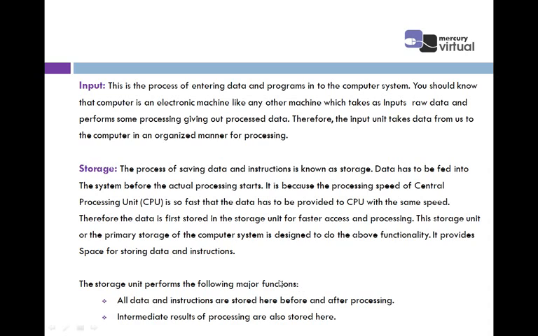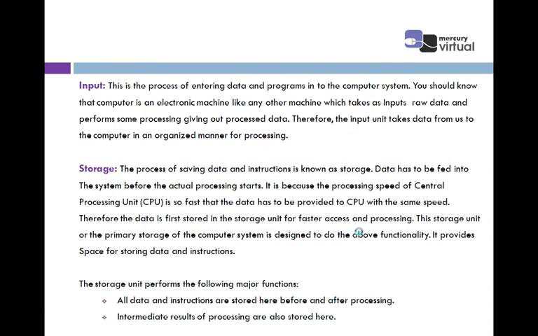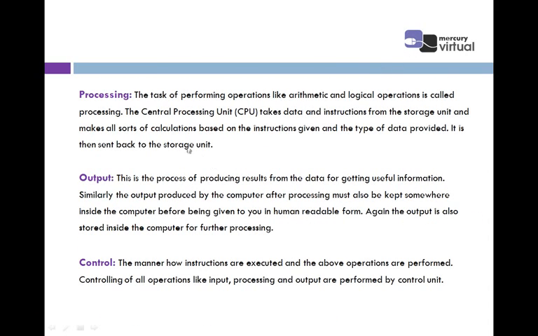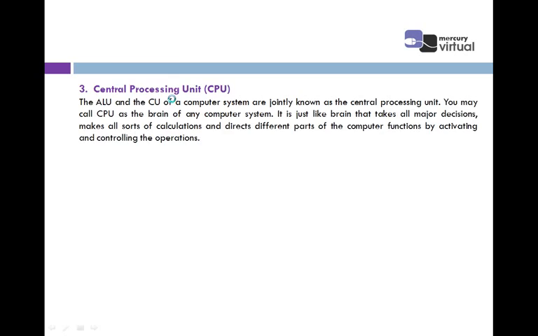Then the storage unit performs the following major functions like data and instructions are stored, intermediate results. Another slide is processing, meaning processing is done by the CPU. Output, there is a controlling part. Then functional units, that is your ALU, CU, CPU.